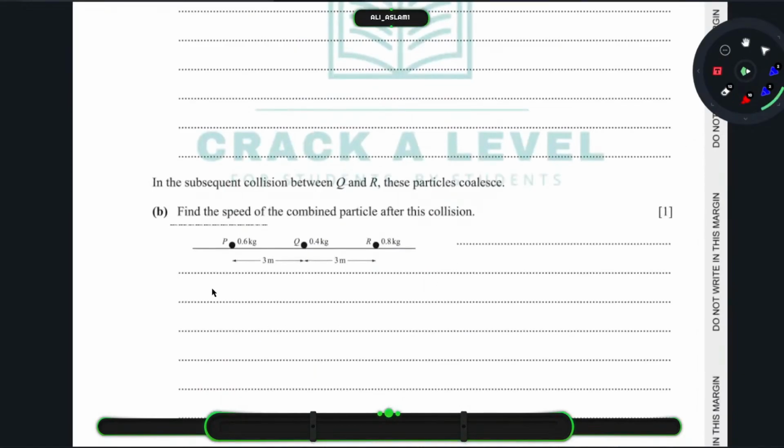So 0.4 into 2.25 plus 0 should be equal to 0.4 plus 0.8, which is 1.2 V. 0.4 into 2.25 divided by 1.2, that's 0.75. So V, actually V is already used, so I'll take this as S. S is equal to 0.75 meters per second.